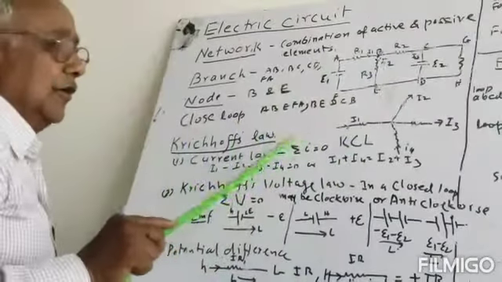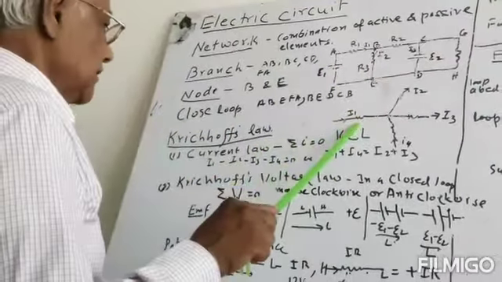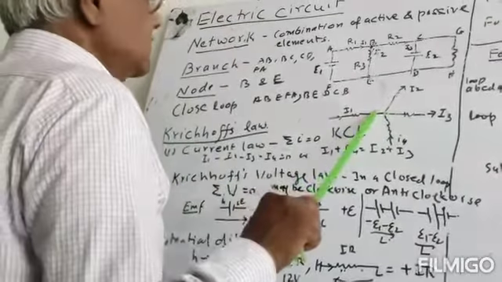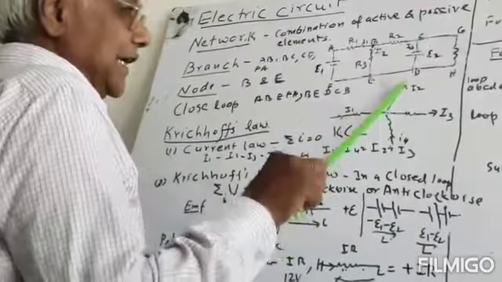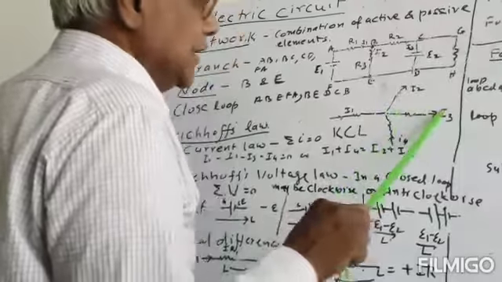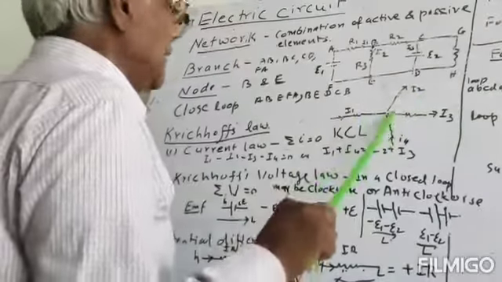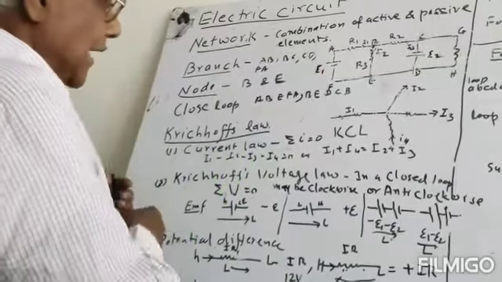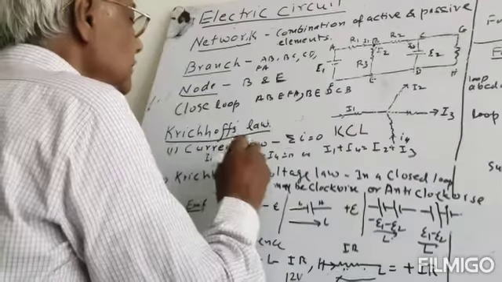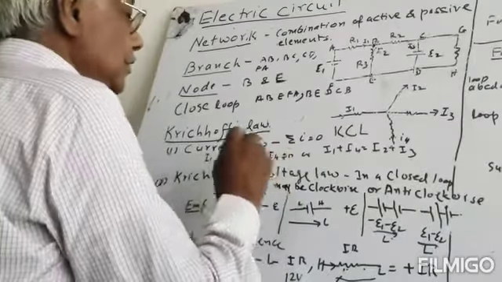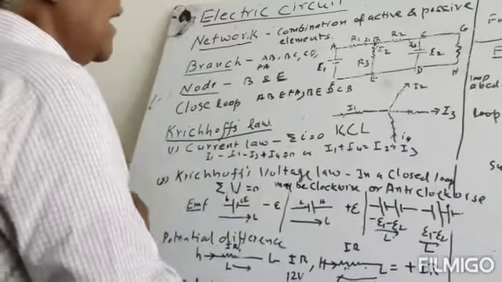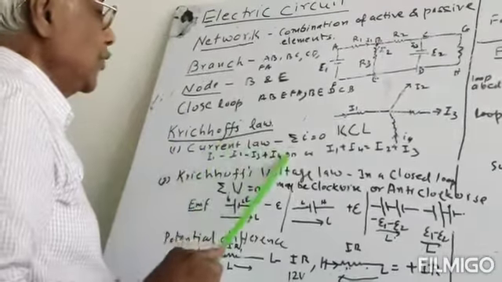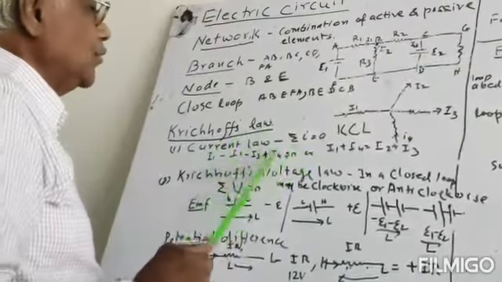So by the current law, I1 we take positive, I2 we take negative, I3 we take negative, as they are going outward, and I4 is coming in. So I1 minus I2 minus I3 plus I4 is equal to 0. Or we can write I1 plus I4 is equal to I2 plus I3.